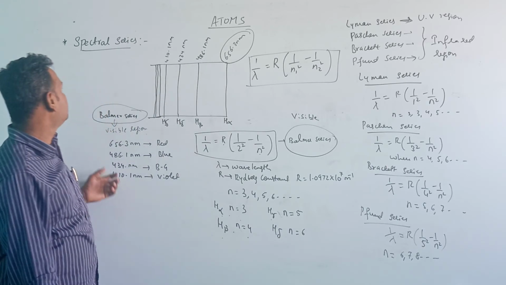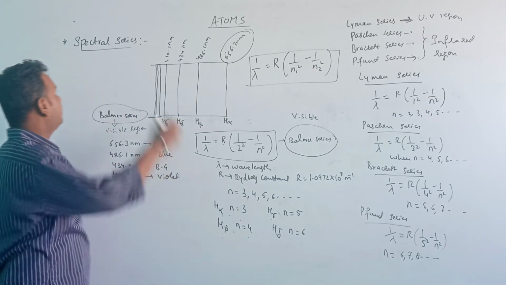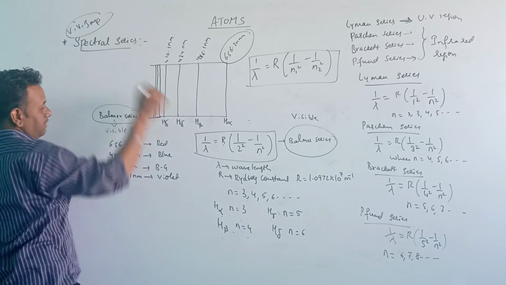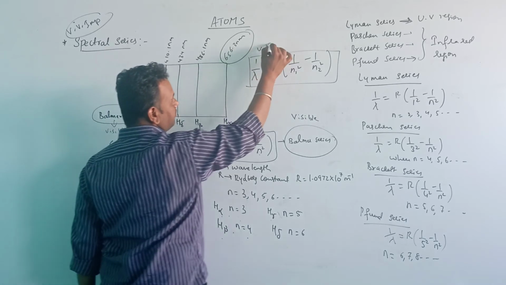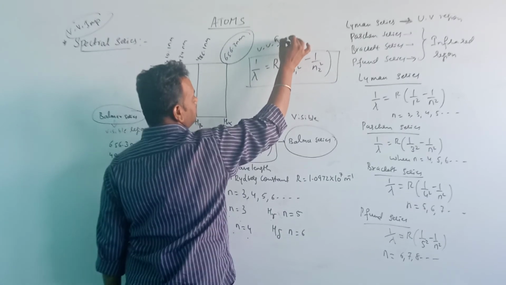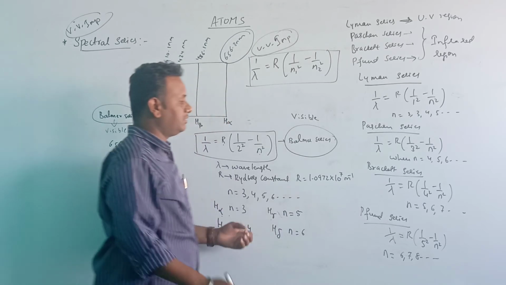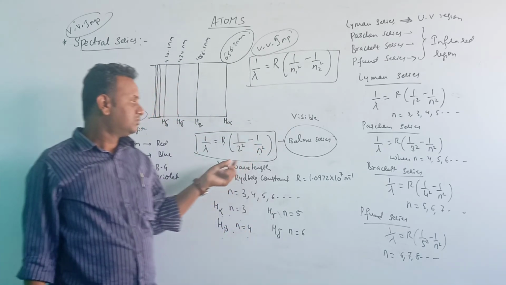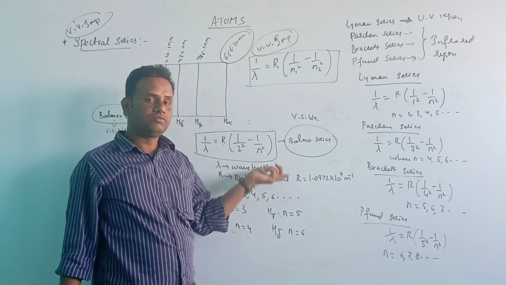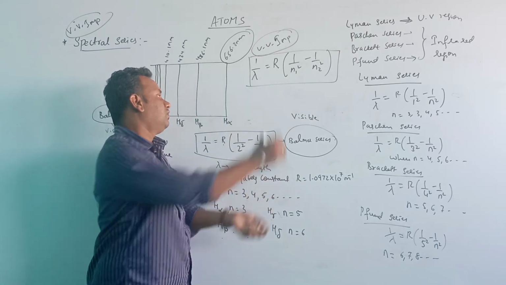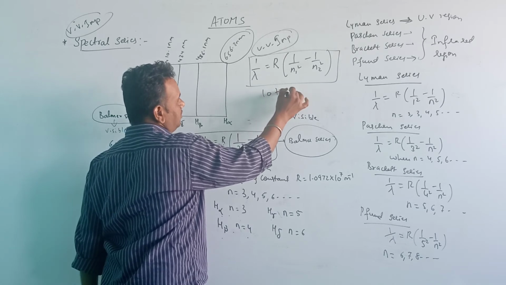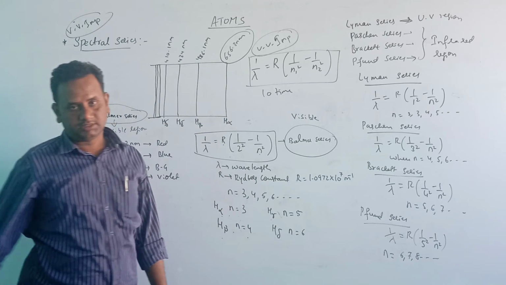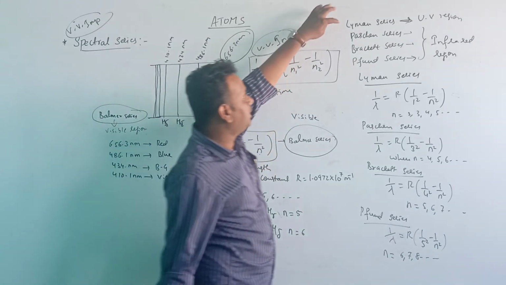So today we'll stop here. This is a very important topic, and this empirical formula is also very important. From the exam point of view, they might ask you numericals based on this, so just practice this at home. Write this formula at least 10 times for all series: Balmer, Lyman, Paschen, Brackett.